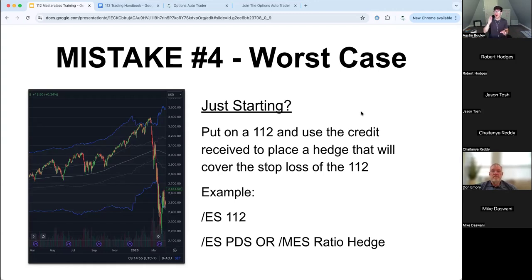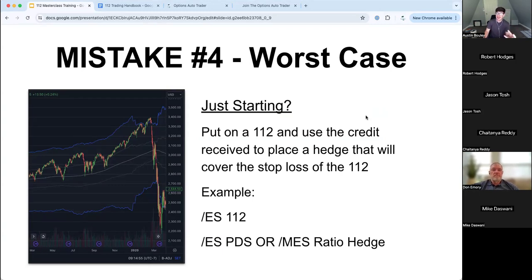And so if you go out to 120 days, you'll still be collecting a lot more credit, making more money, and at the same time, you have less risk. So if you're trying to get into 112s right now, I would recommend, do your own research, that you go out to 120 days because you'll still make good money, your buying power will be low, and you'll have less risk, but you'll still have some market exposure.